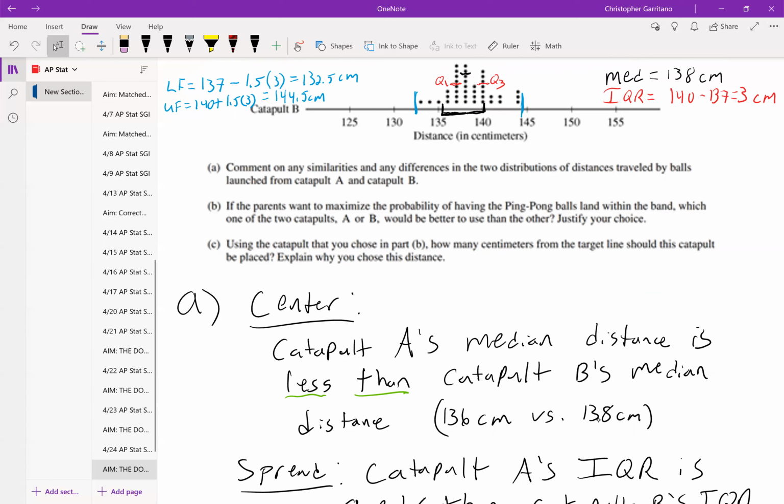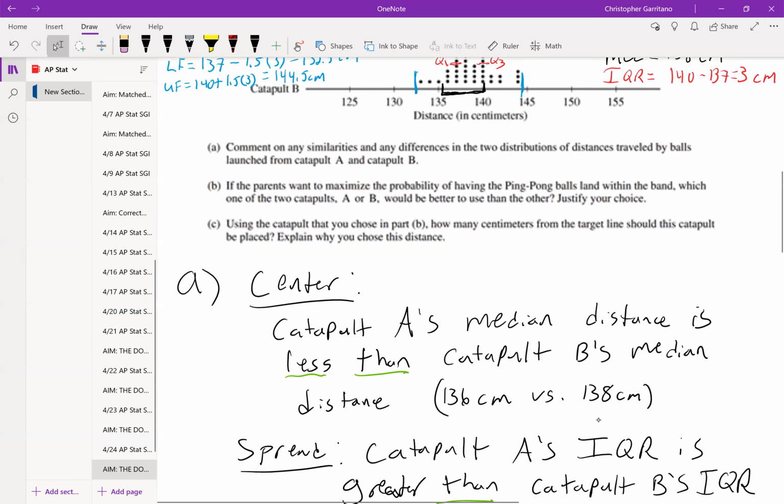This shows that I'm linking these two distributions together. I'm actually comparing them. I then also mentioned the exact values, 136 centimeters versus 138 centimeters. So notice that this answer has context, it has exact quantities, and it has compare words.